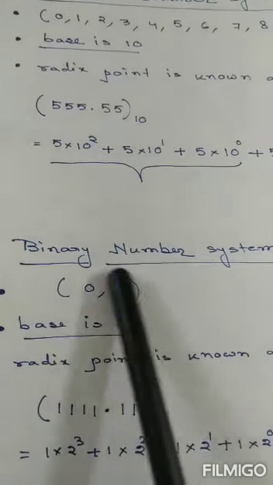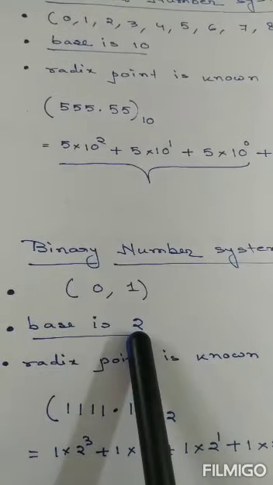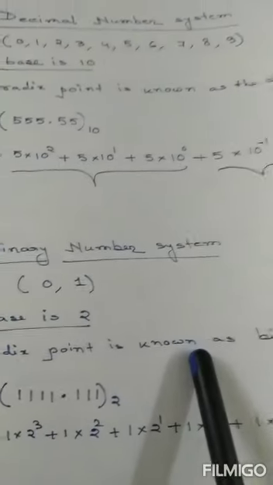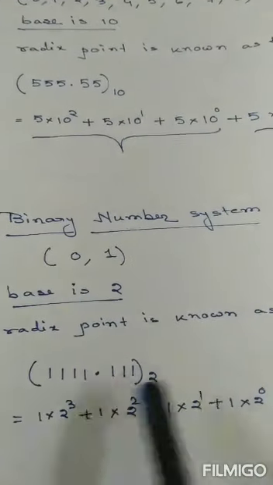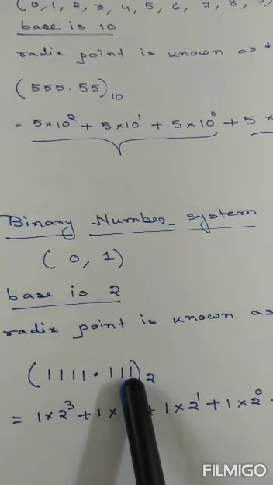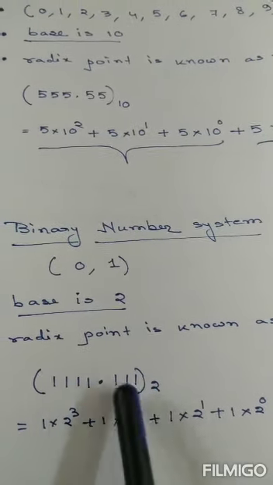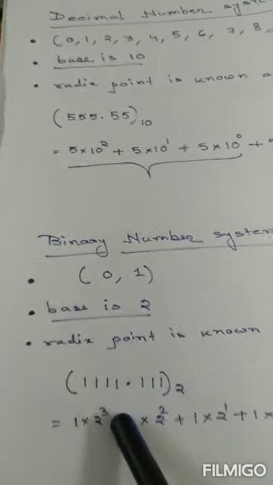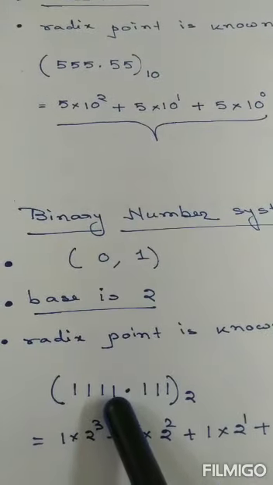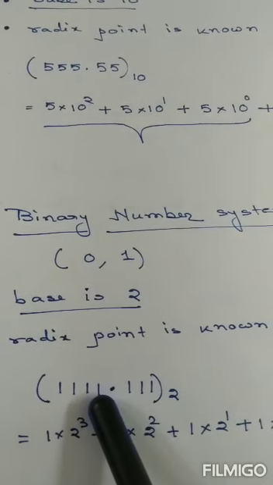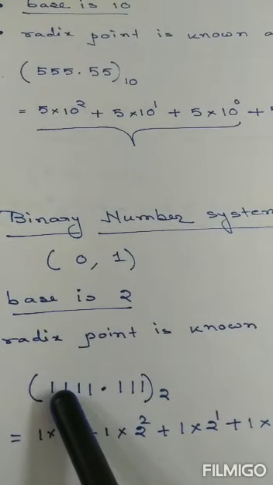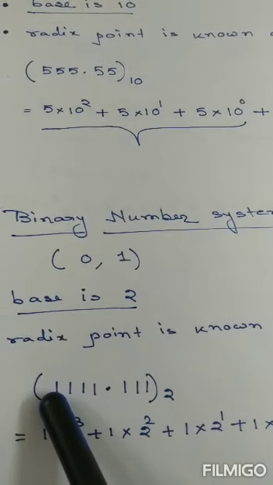As it consists of two numbers, the base is 2 and the radix point is called the binary point. Now take an example, 1111.111. Similarly, before the radix point, that is the integer part, the weightage of the first position is 2 to the power 0, then 2 to the power 1, 2 square, 2 cube.